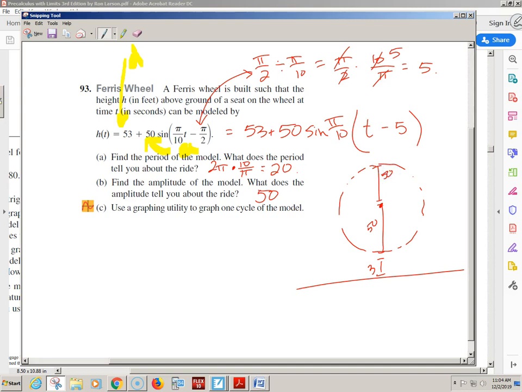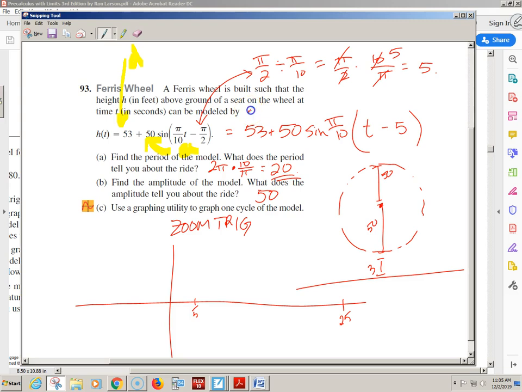And then, to graph it, I would just do that zoom trig, and hopefully you'd be able to see your graph that would have started at 5, would have gone to, wait, why is it going to 25? Yeah. So I have to shift it to the right 5, and then it goes 20 after that for one full cycle.